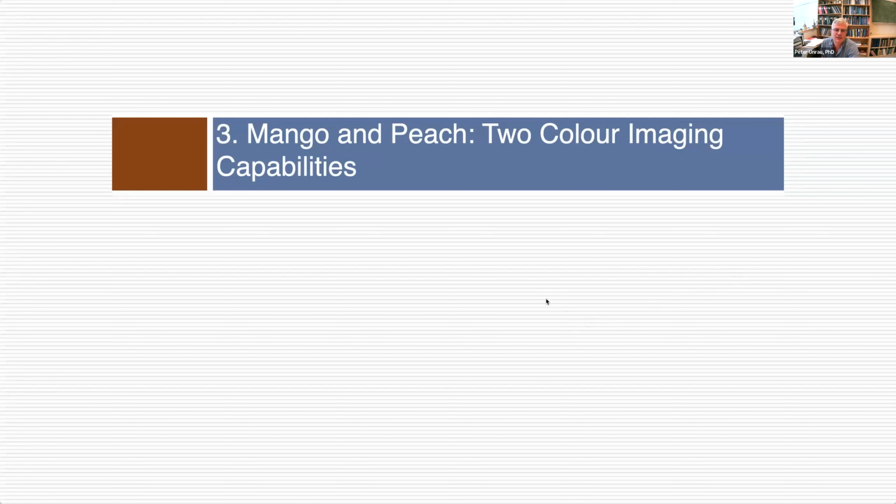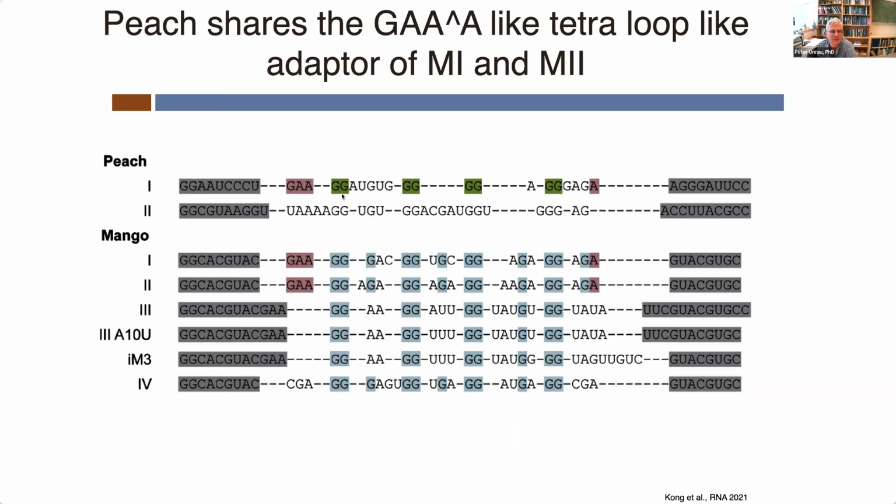We've been developing multi-channel imaging capabilities. So Mango is normally used in the green channel, compatible with, let's say, GFP color filters. Peach is much redder, and this is a system we just developed recently, where we also have a floppy system.